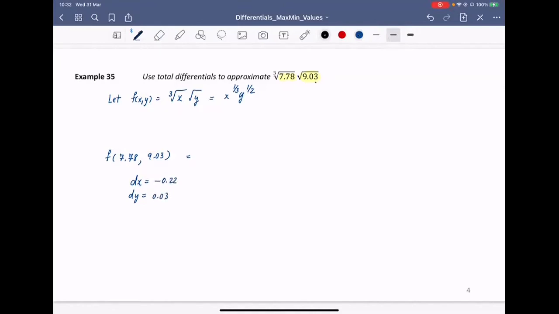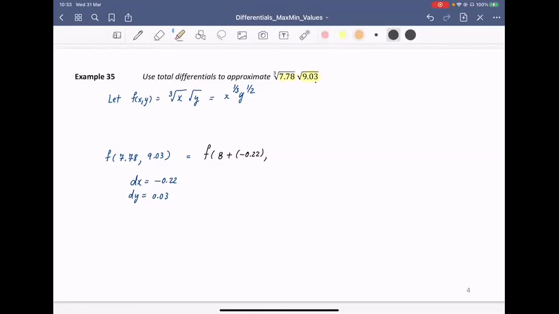You can see that what you want is f of 8, and you need to see what you missed from the number 8, which is actually negative 0.22. I went too fast. The mistake that students usually make is forgetting to bring the negative sign.